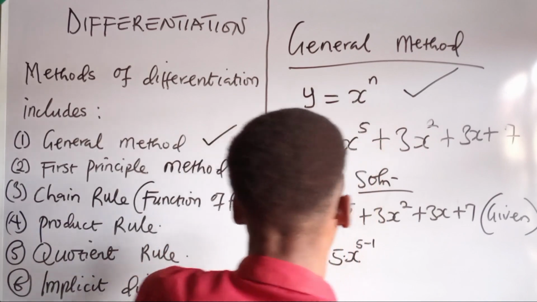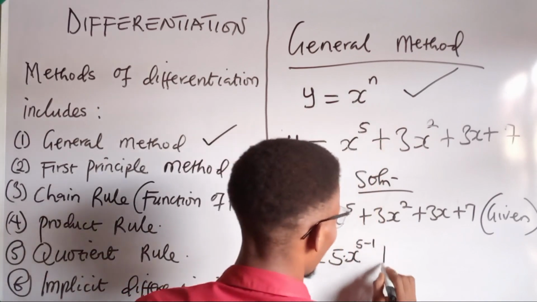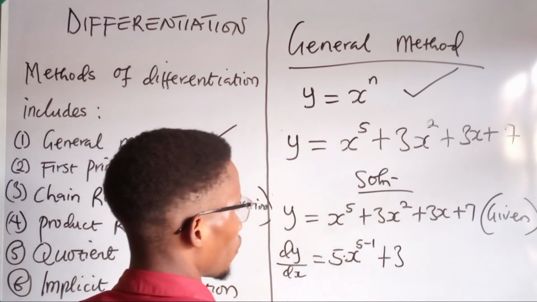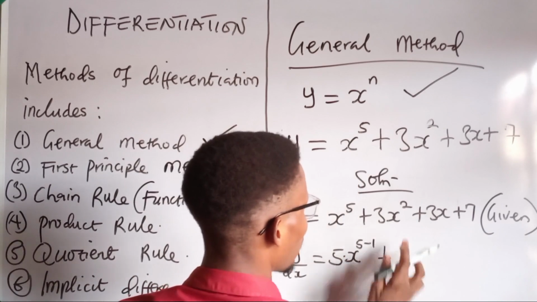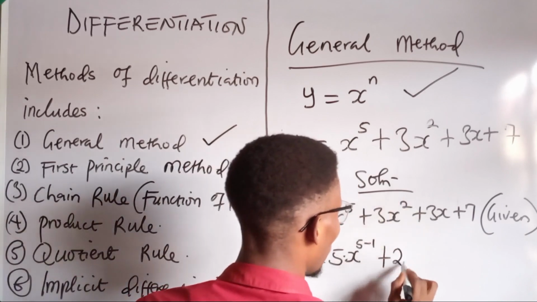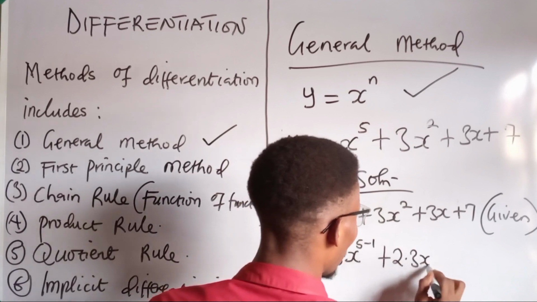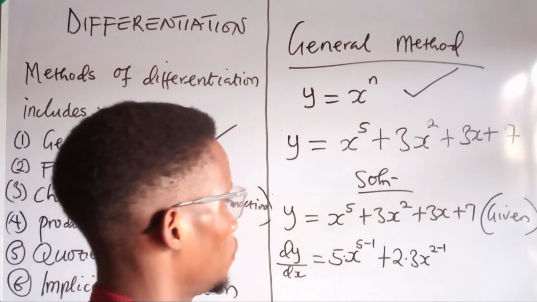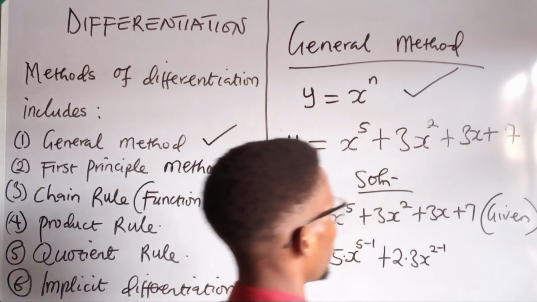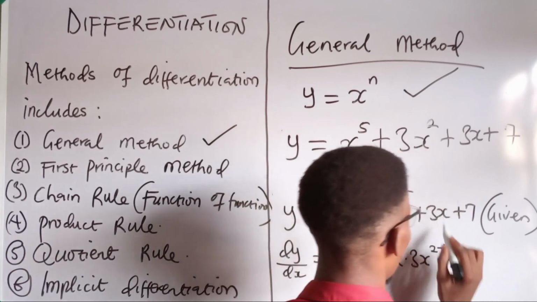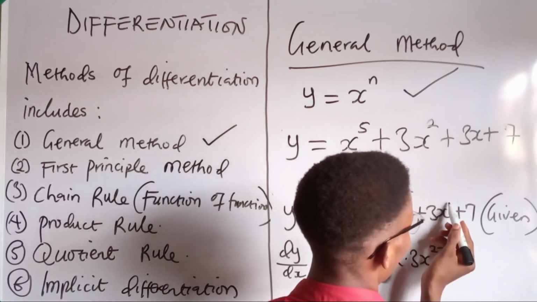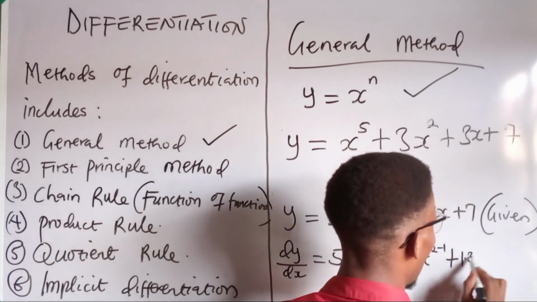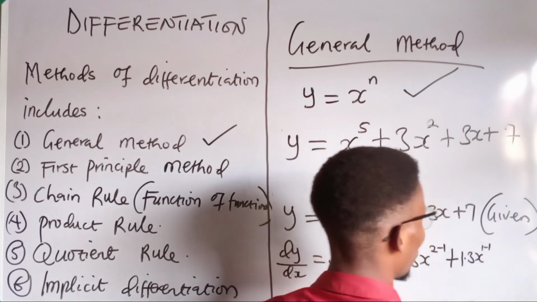Okay? So now we have plus, here we're already having 3. 2 comes down, multiplied by 3 we're already having, x raised to 2 minus 1. You see the same for this. This is having a power of 1. 1 should come down, multiply 3x raised to 1 minus 1.